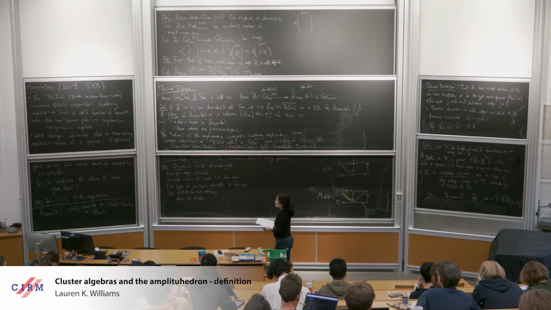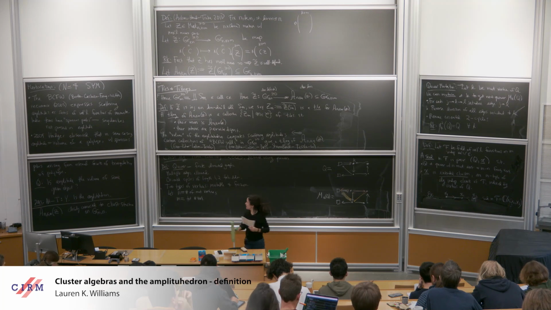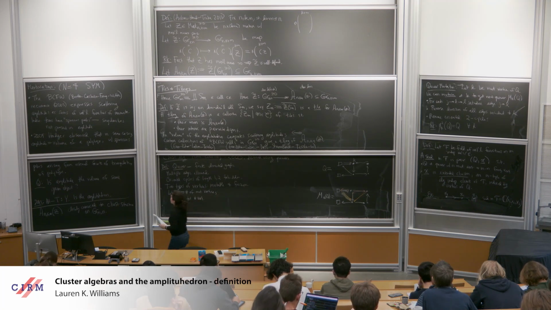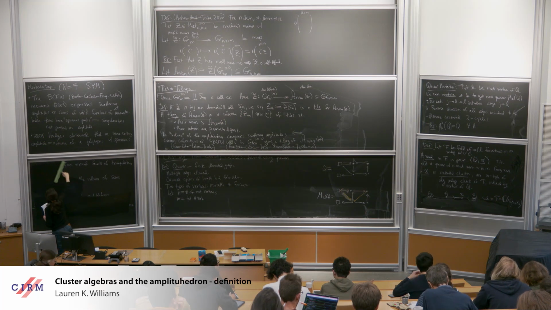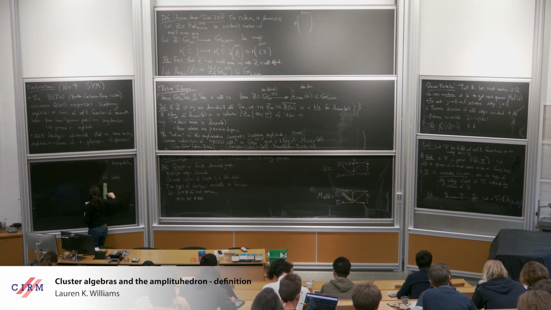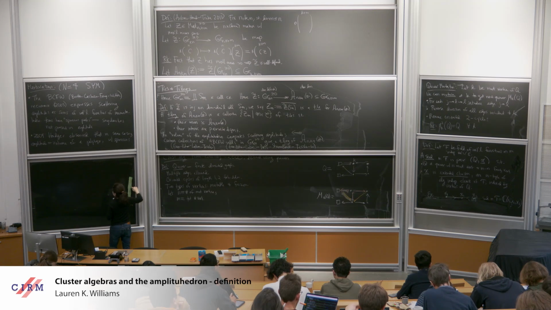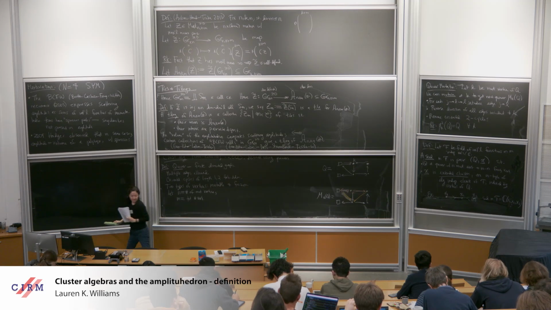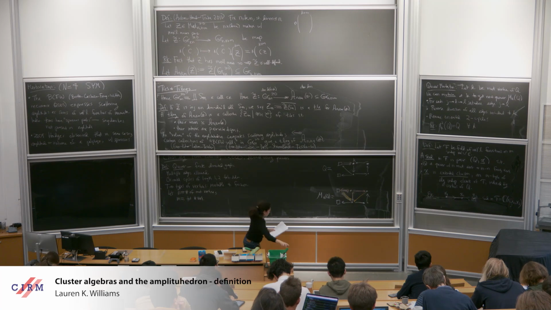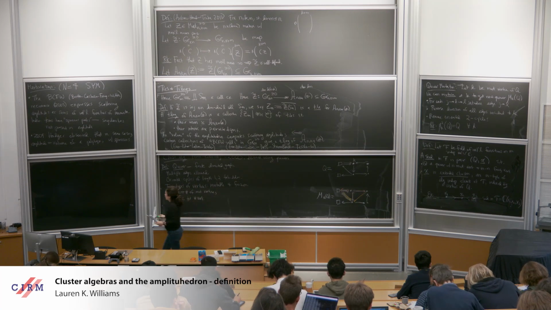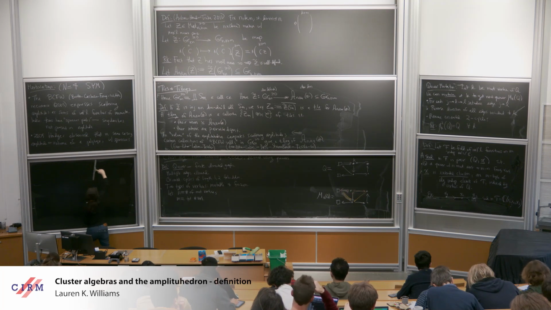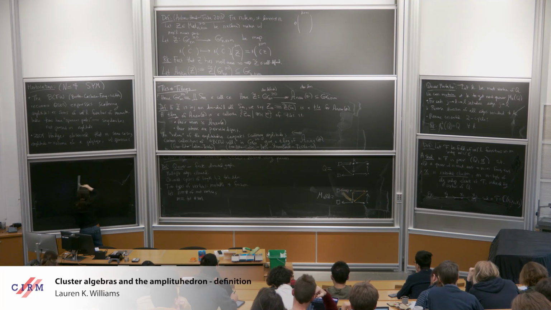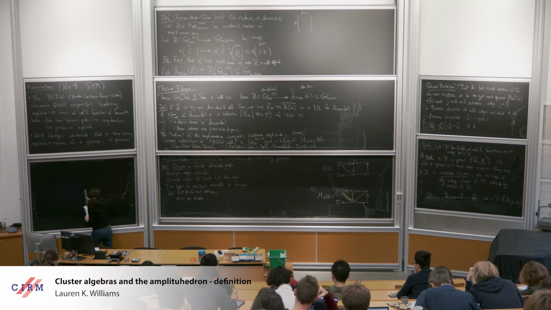Okay, so a seed is basically a labeling of the nodes of a quiver by algebraically independent rational functions. Okay, and just as we had this operation of quiver mutation, there's also an operation of seed mutation.